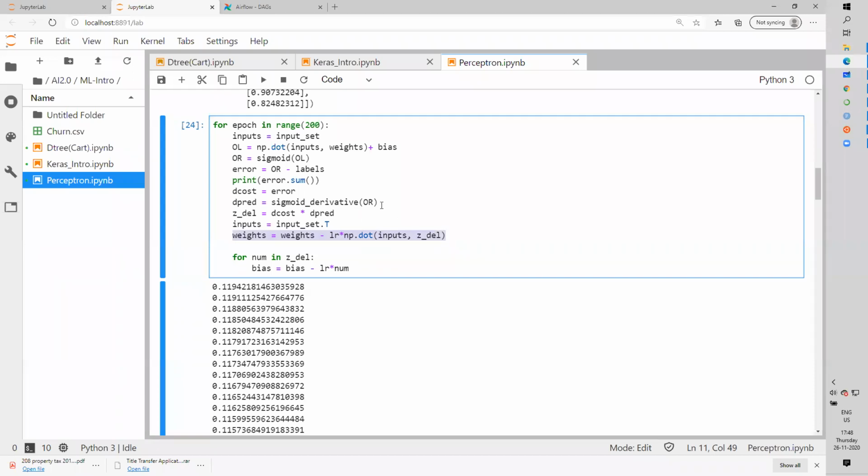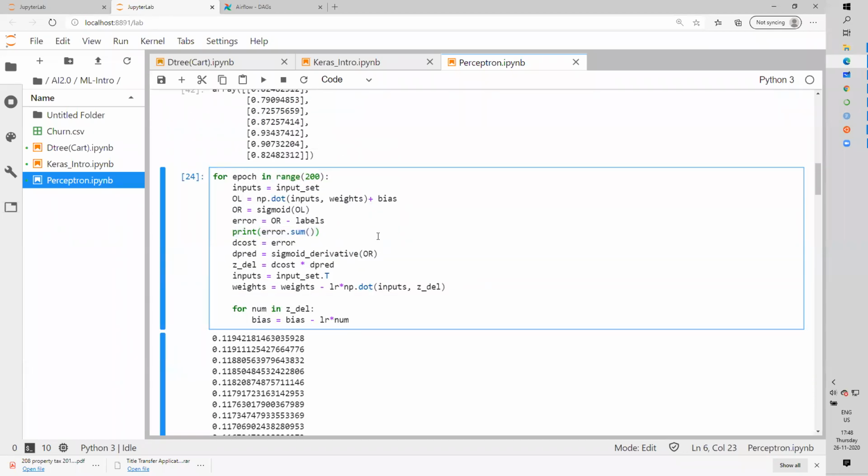So we are computing the derivatives and we are updating the weights. And when we run this in a loop, one iteration after another, our error would start to decrease. That is why after every forward prop, I am printing the error so that we can notice how our error is decreasing.